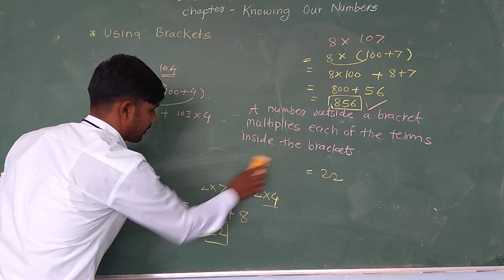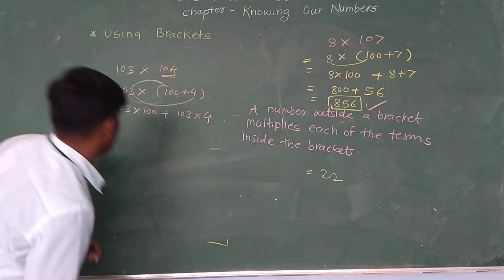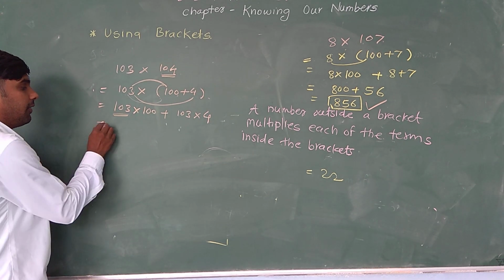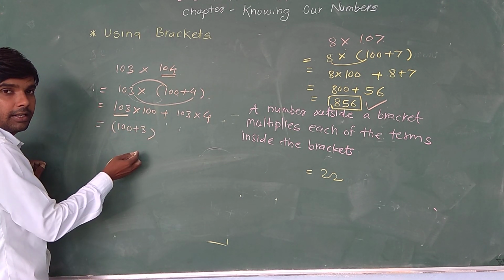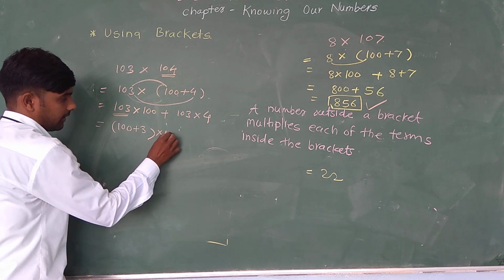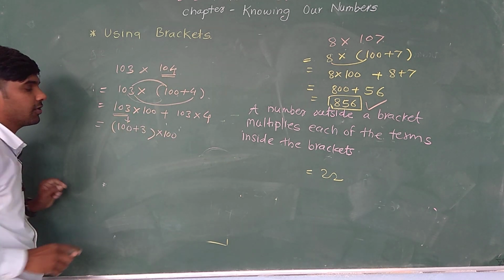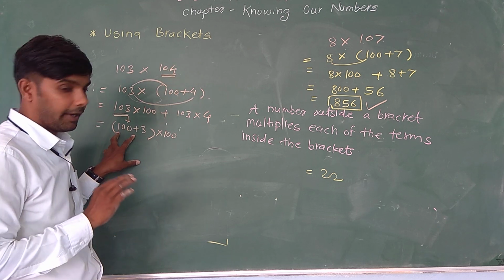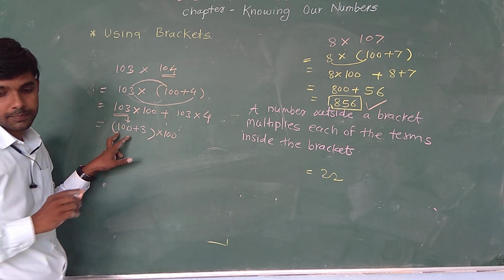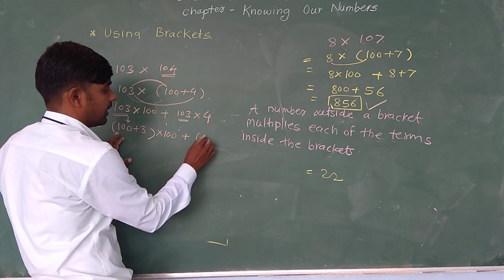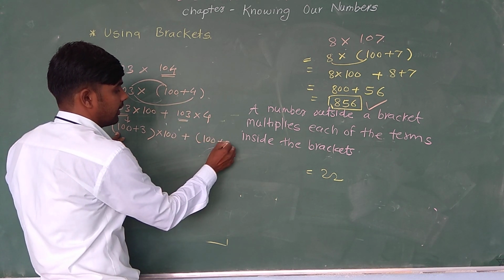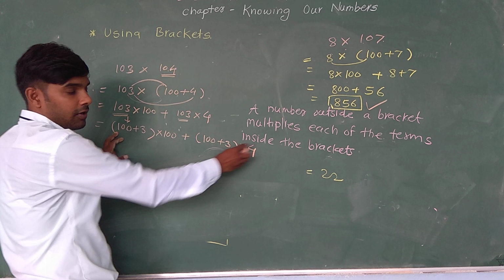Got it? Next, for this 103 we use 100 plus 3, multiplied by 100. Plus, for the other 103 we write 100 plus 3, multiplied by 4.